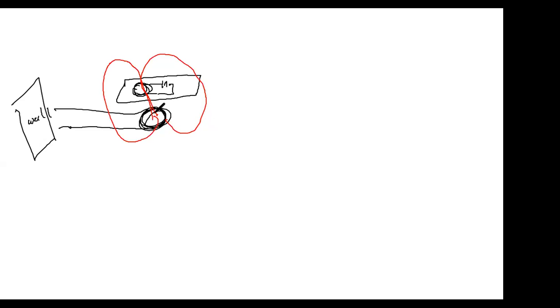This is a dipole. How does the magnetic field go with a dipole for large distances? It's like 1 over r cubed. So it falls off fast for a coil like that.